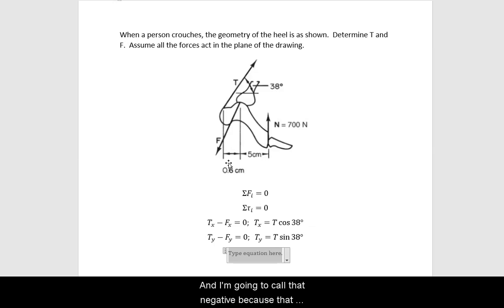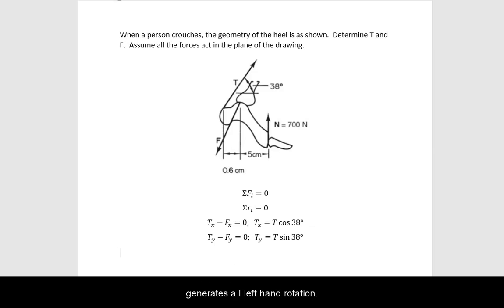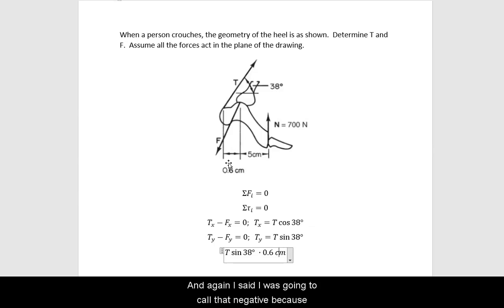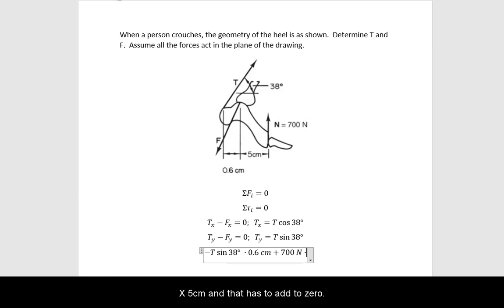I'm going to call that negative because that causes a clockwise rotation, and counterclockwise rotations are positive. So Ty, T sine of 38 degrees, times 0.6 centimeters. And now we have the other one, which is plus the 700 newtons times the 5 centimeters, and that has to add to zero.